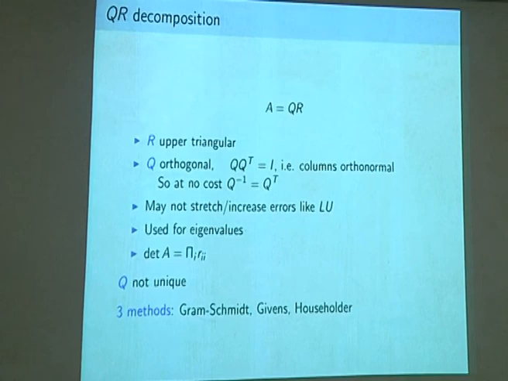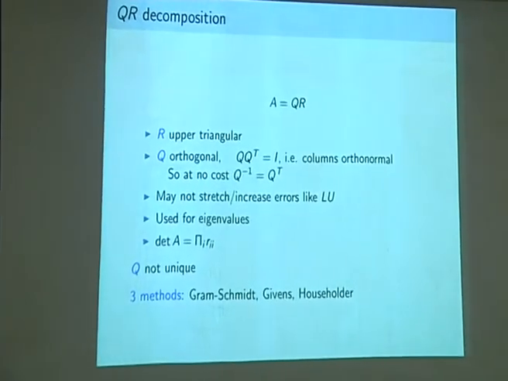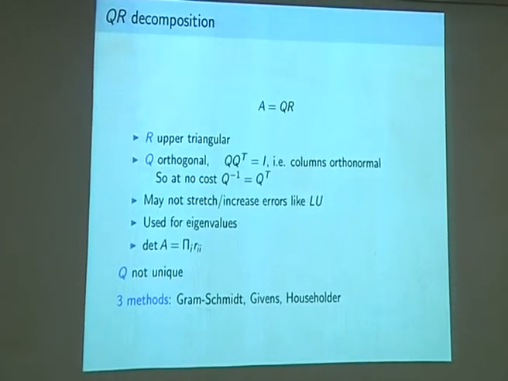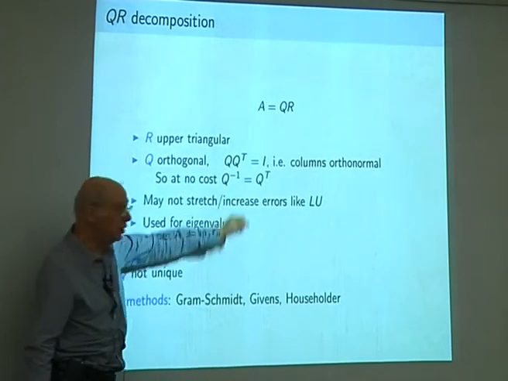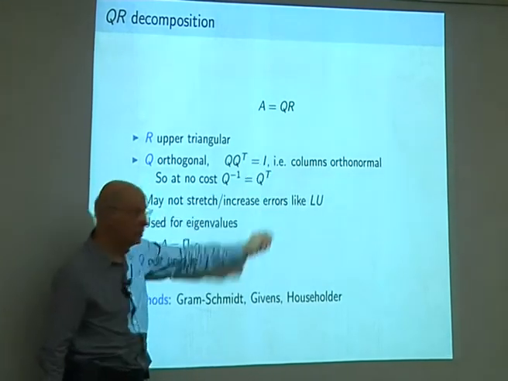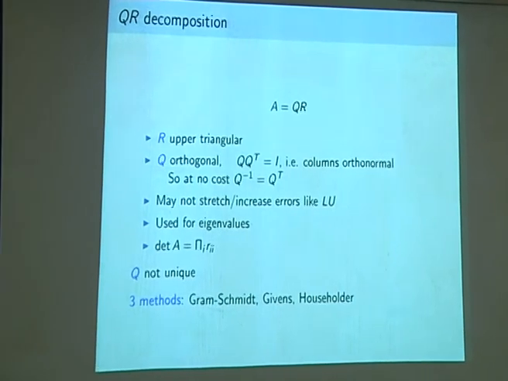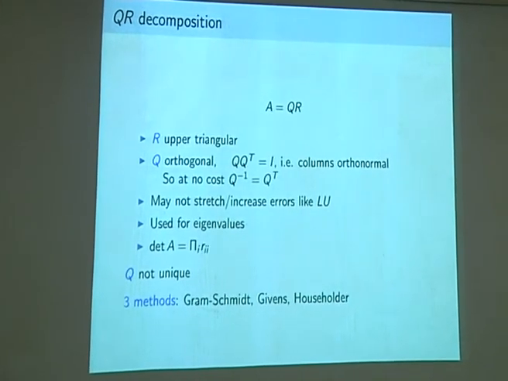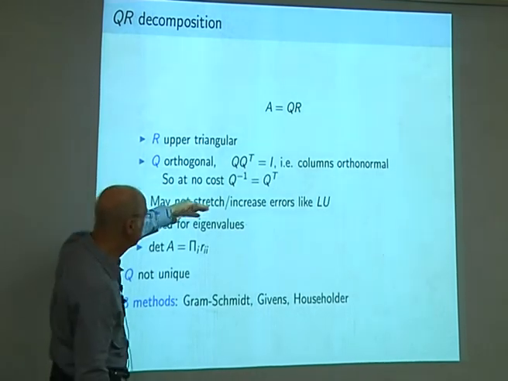So R is going to be an upper triangular matrix again, and Q is an orthogonal matrix. It's a rotation or a reflection, and it has the property that Q times the transpose of Q is the identity. In other words, the columns, and equally the rows, are orthogonal to one another. And moreover, they're not just orthogonal. If you form the scalar product of one row with itself, its size is 1. Okay.